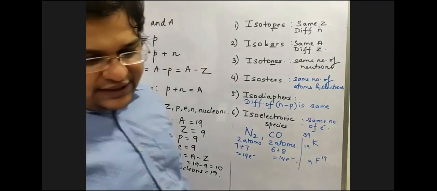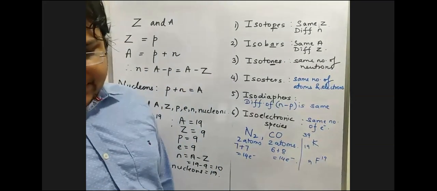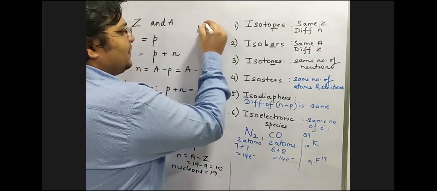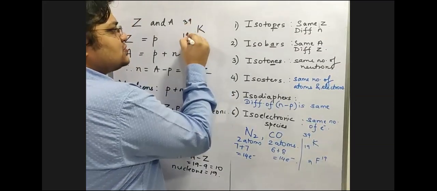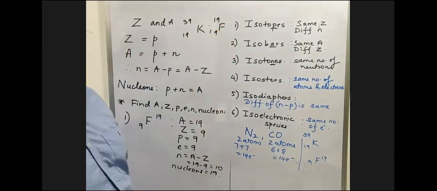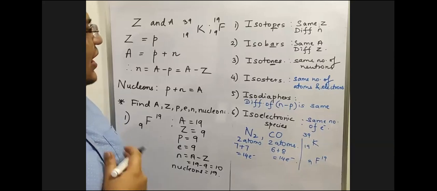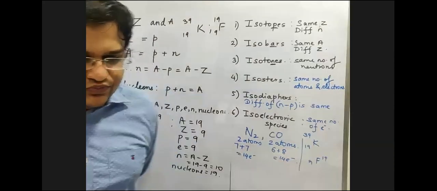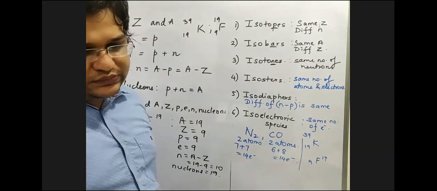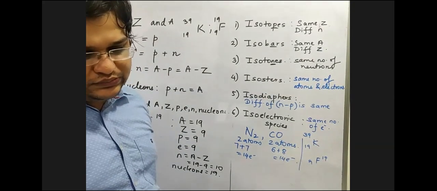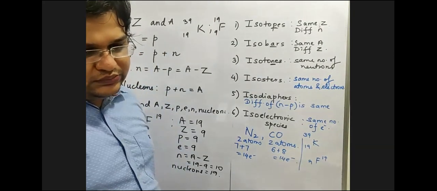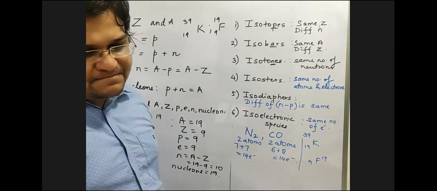K 39 19, fluorine 19 9. First check, are they isotopes?